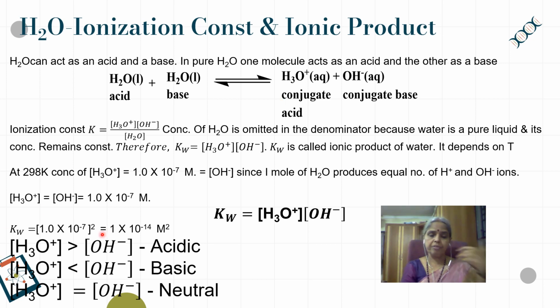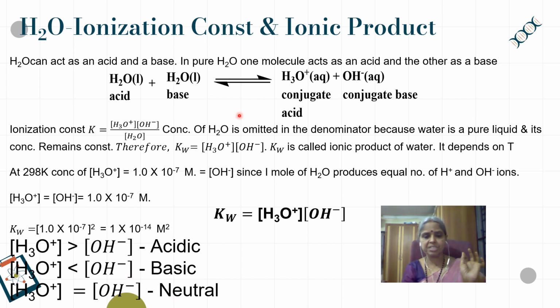But if, due to the presence of some substance, the concentration of H3O+ is greater than the concentration of OH-, such a solution is acidic in nature. If the concentration of H3O+ is less than that of OH-, such a solution will be basic in nature. And if the H3O+ concentration is equal to the OH- concentration, such a solution is neutral.